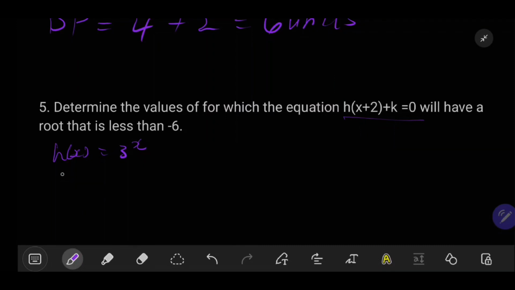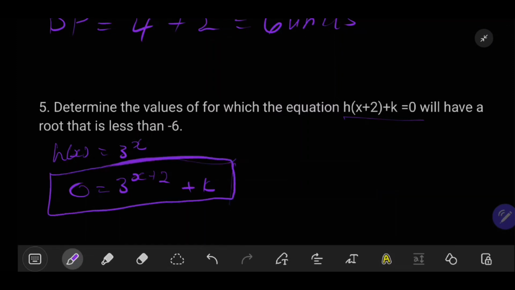So our new h of x will be 3, where we see x we're going to put x plus 2, then plus k is equal to 0. So this is the equation that we're going to be working with. They want us to determine the values of k for which this equation will have roots that are less than negative 6.